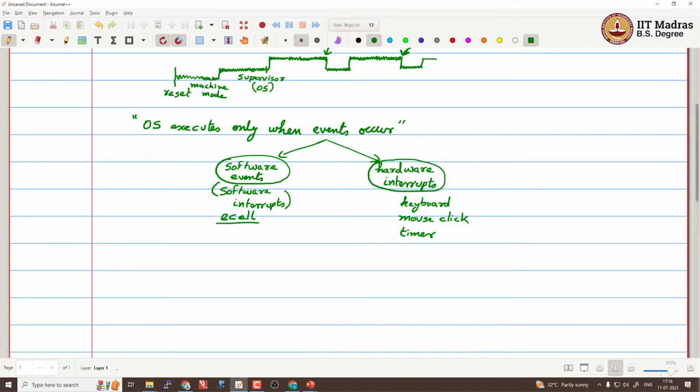Besides software and hardware interrupts, a third type of event that can occur is exceptions. For example, a page fault could be an exception, or, say, a divide by zero. You're running a program, and let's say the program tries to divide a by 0. This would lead to an exception, forcing the OS to execute.